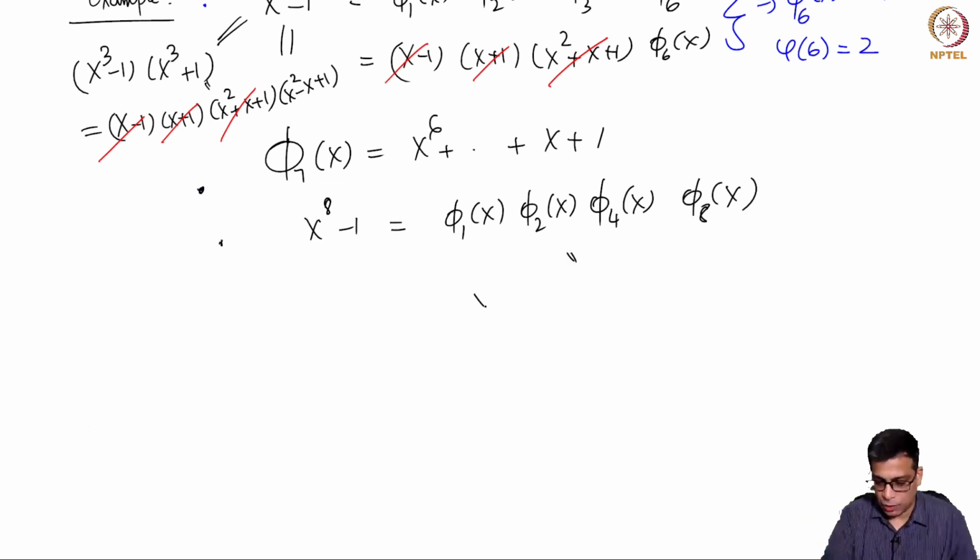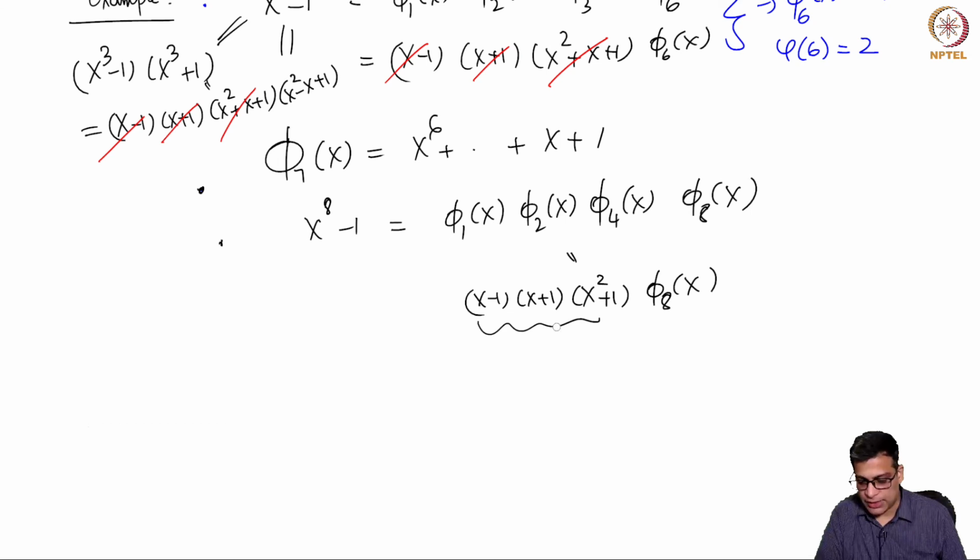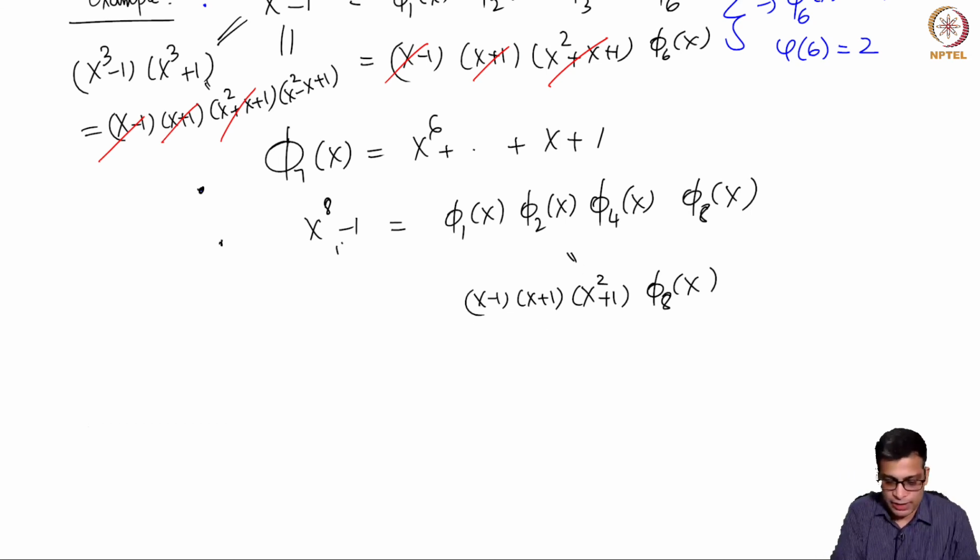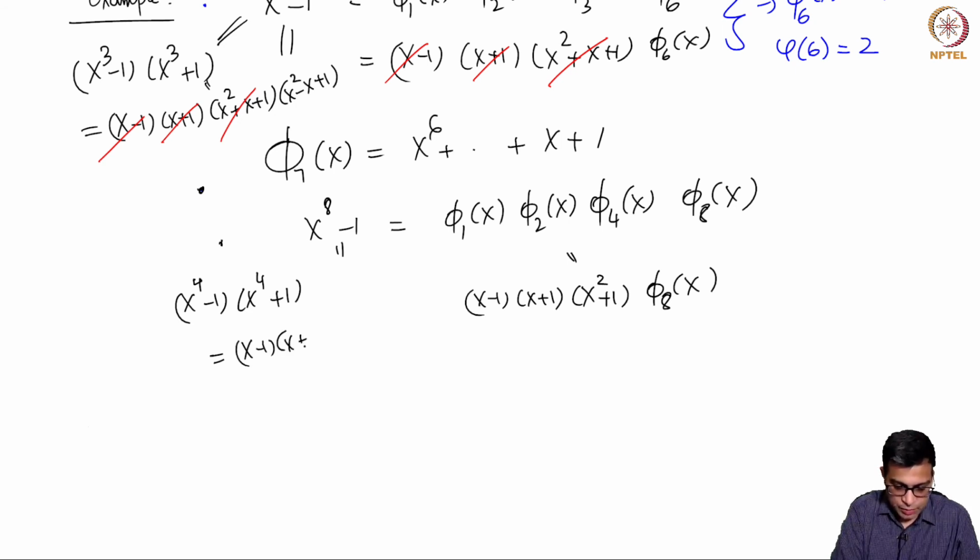So this is equal to x minus 1, x plus 1, x square plus 1, Phi8(x). So now of course you can multiply all these and then divide x power 8 minus 1 by that product to get this. Another way is you can factor this as x power 4 minus 1, x power 4 plus 1, which is x minus 1, x plus 1, x square plus 1 times x power 4 plus 1. Right. So this is equal to this.